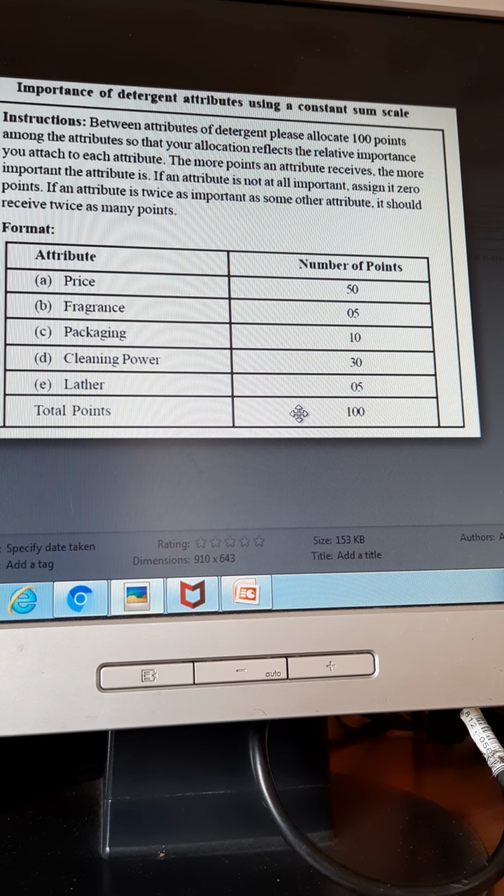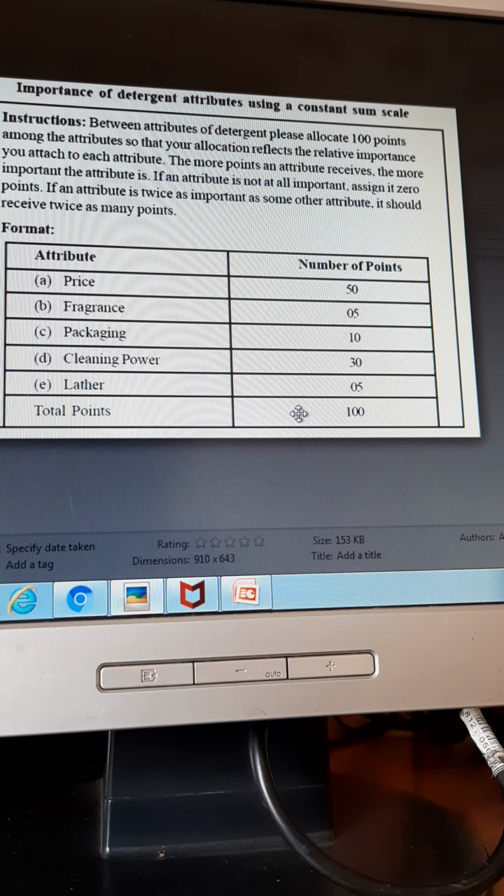Supposing you are taking Corner House, distribution of shops, and then you have the range of products available: 50 products under ice cream, 10 products under flavored milk. Like that, there are many different attributes we have taken.